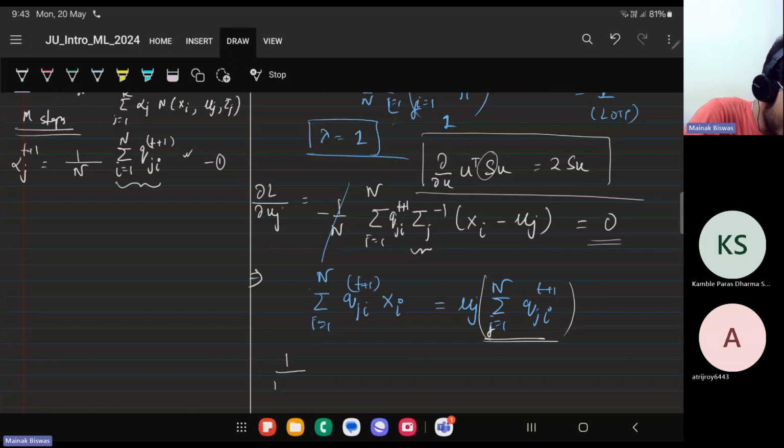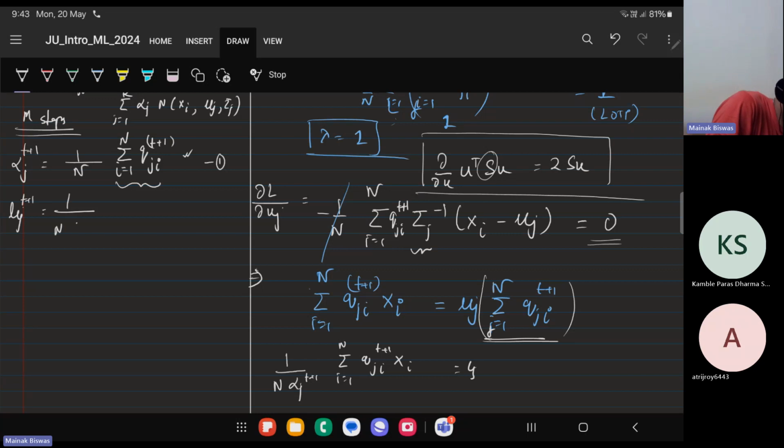So 1 by n alpha j at t plus 1, summation of i equal to 1 to n q ji at t plus 1 xi is equal to mu j. So let me write mu j at t plus 1 as 1 by n alpha j at t plus 1 times summation of i equal to 1 to n q ji at t plus 1 xi.